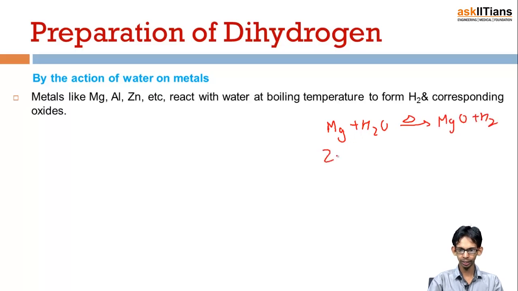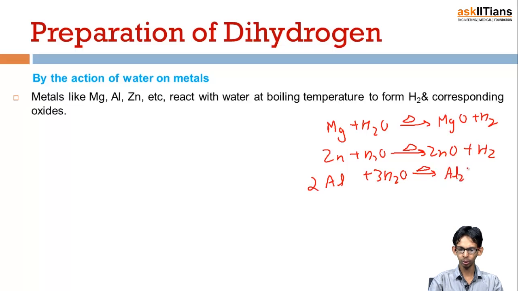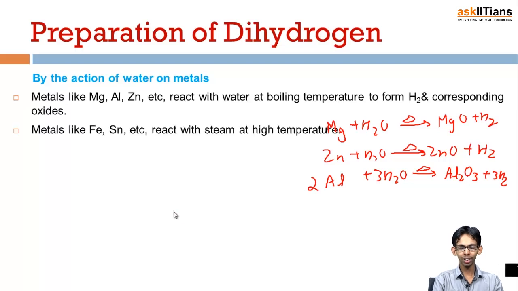Similarly, zinc also reacts with water at elevated temperatures to give zinc oxide and hydrogen, and aluminium also reacts in a similar way with water at elevated temperature to give Al2O3 and hydrogen. But metals like iron react with steam at high temperature.